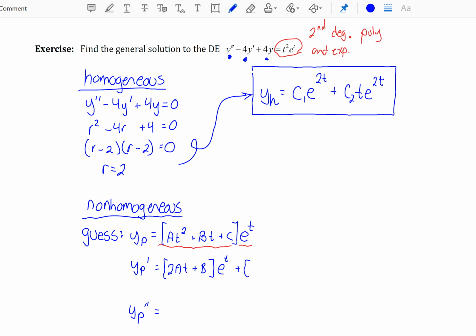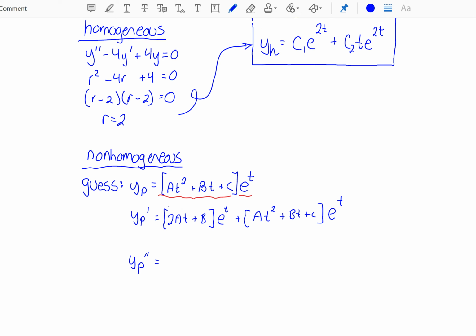I like writing this now so I don't change the order. So I'm going to write the first function there with its regular, not derivative, times the derivative of the second, which is e to the t. So make sure I did that right, but I think that's our first derivative.